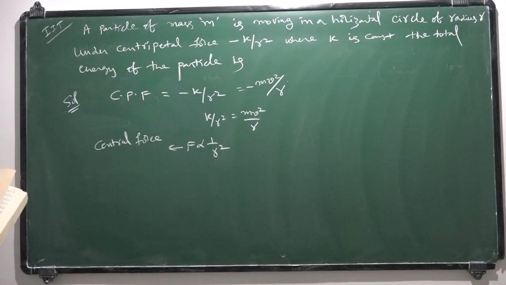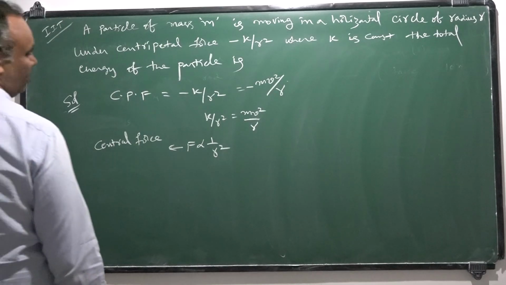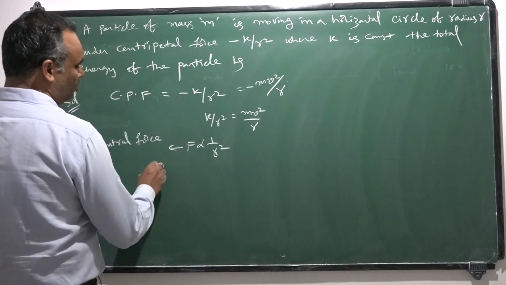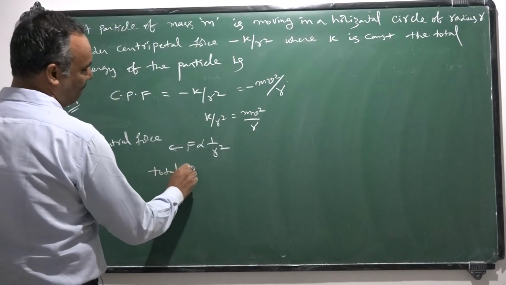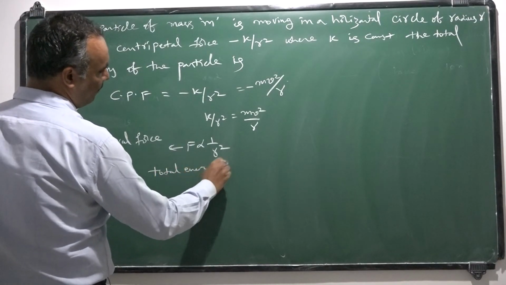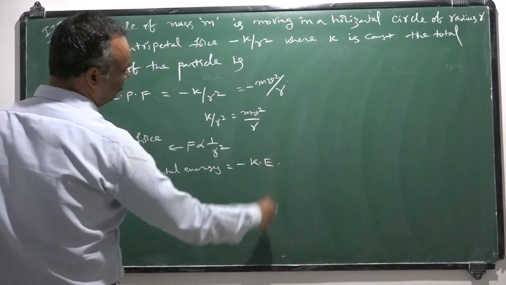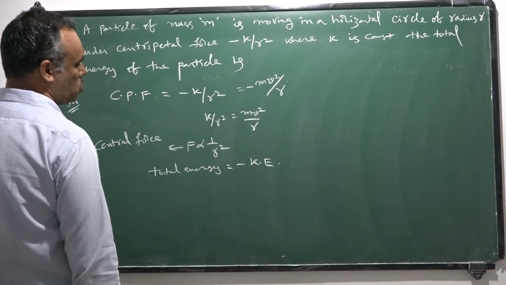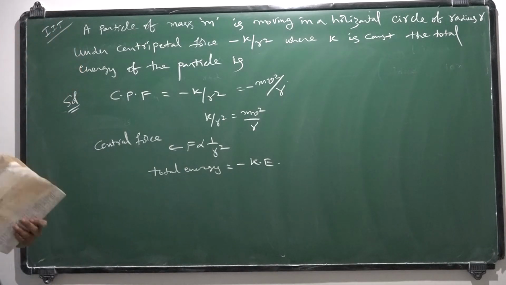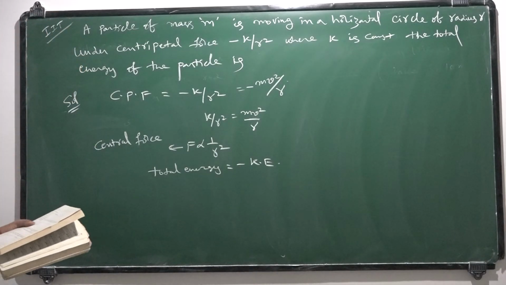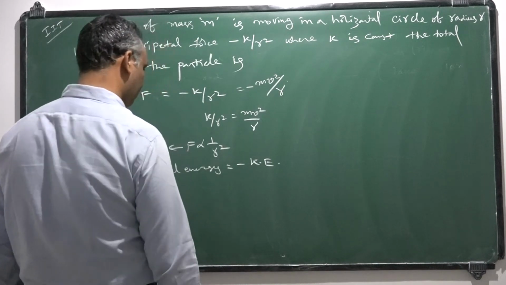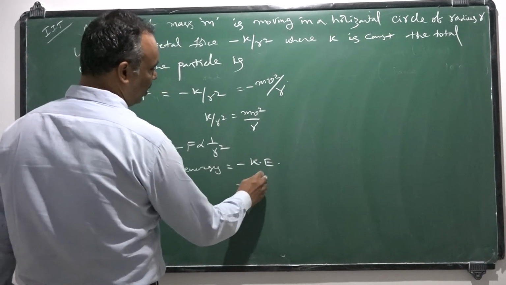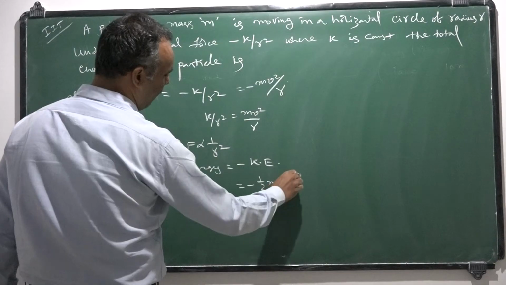So in case of central force, like gravitational force, the total energy is equal to minus kinetic energy. So the total energy must be equal to minus kinetic energy, that is minus half mv square.